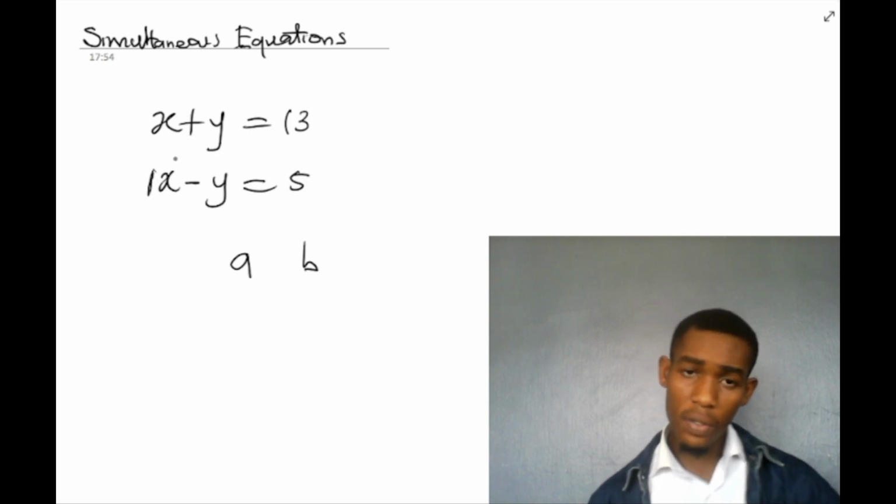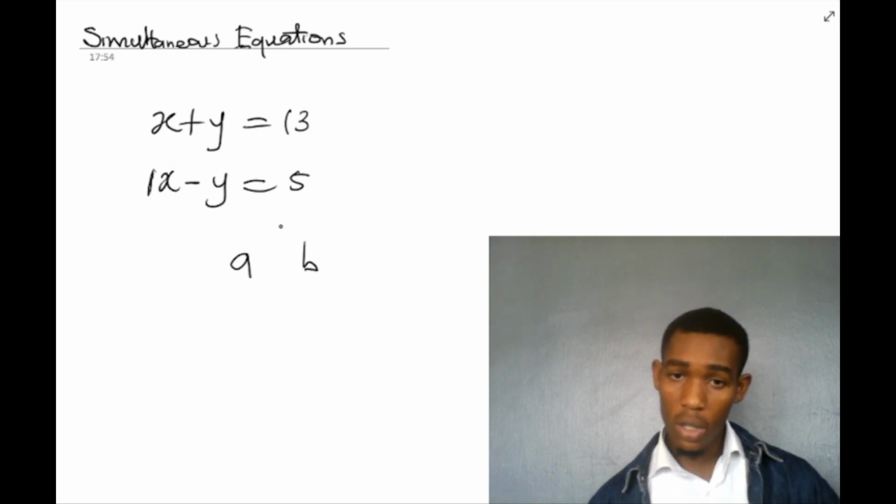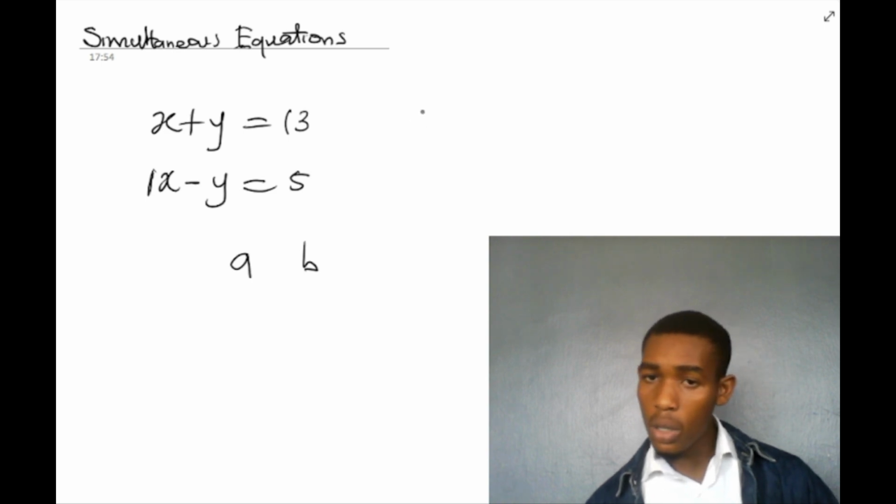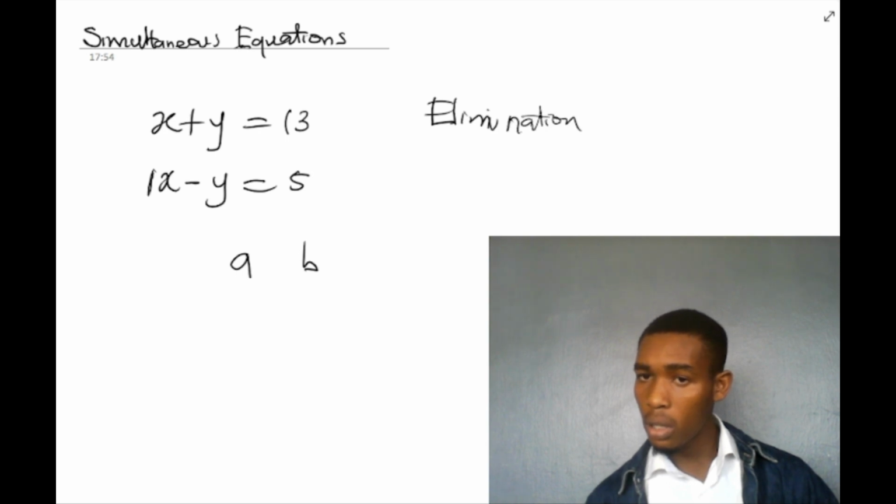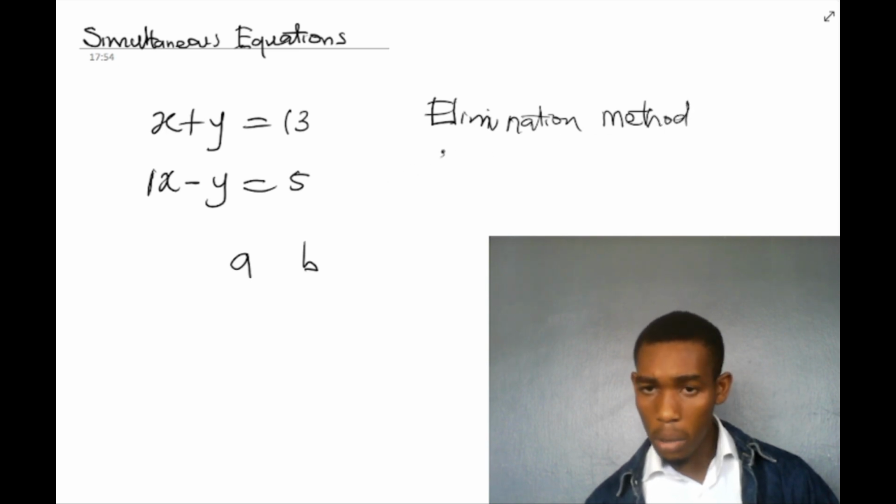When we're talking of simultaneous equations, there are three basic ways to solve them. The first is the elimination method. The second is the substitution method.